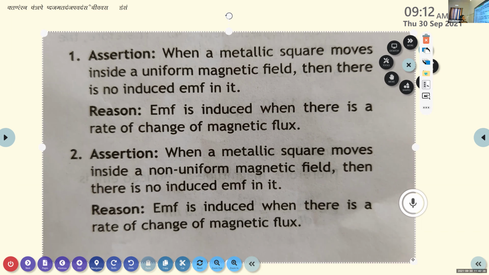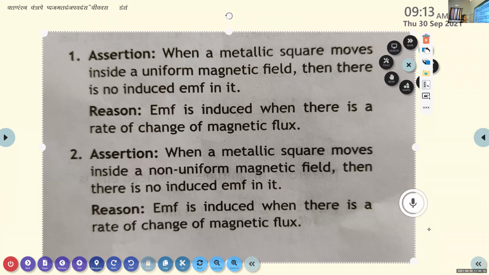You can correlate this question with something that we discussed in our previous question. What do you think? Is the assertion correct or incorrect?